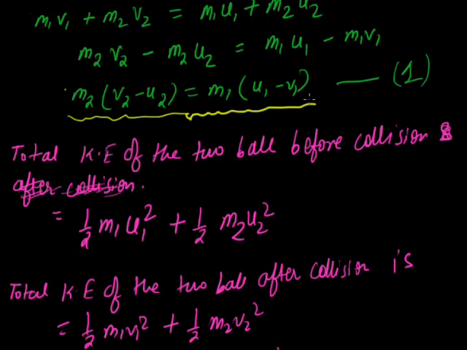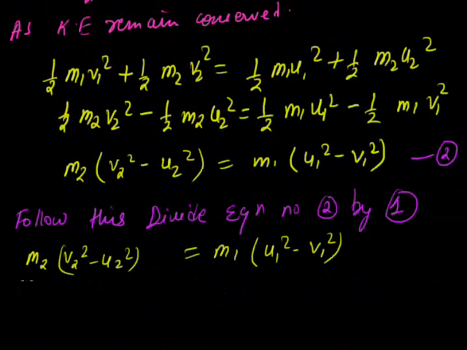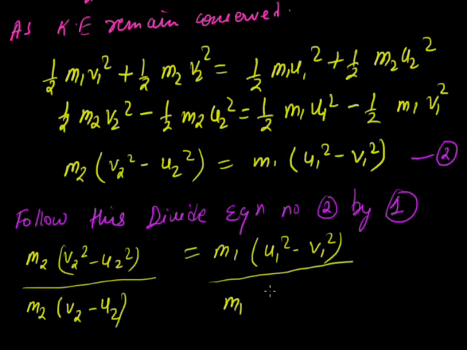Dividing the second equation by the first equation, this will be divided by m2, this is v2 minus u2, and here m1 upon (u1 square minus v1 square), this is u1 minus v1.